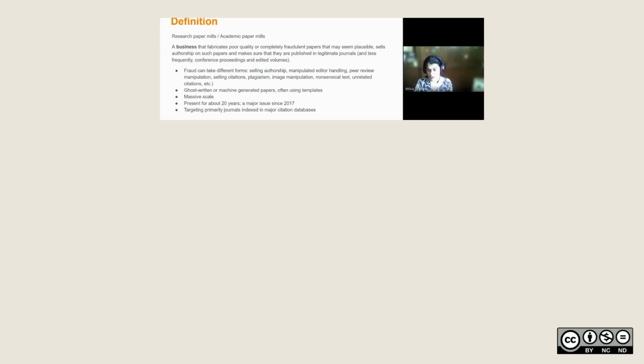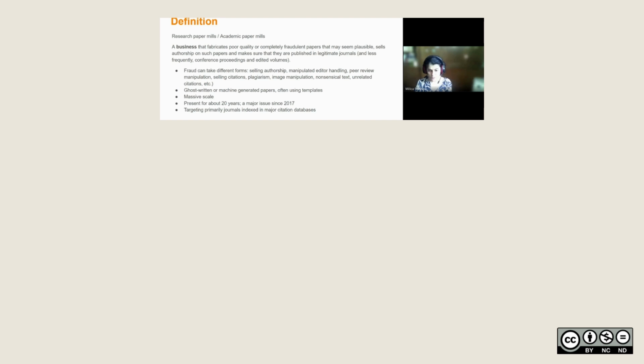For example, manipulated editor handling may be involved, and it's usually involved in special issues. So, for example, they may bribe an editor to accept papers coming from a paper mill. Also, peer review manipulation is very frequent, so fake peer reviews or bribed peer reviewers. Then selling citations. I will show later an example.